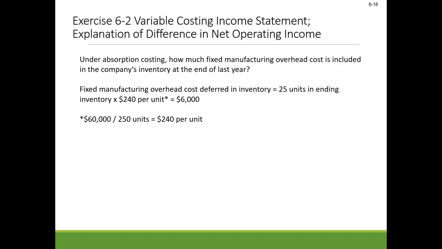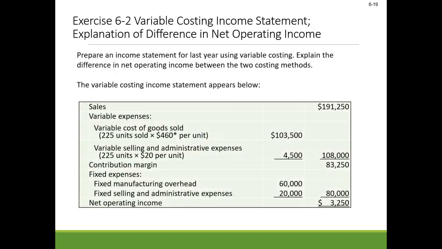So that 60,000 divided by 250 units that were produced gives $240 per unit being allocated for fixed overhead. If we have 25 units sitting on hand at the end of the period at $240 per unit, that's $6,000 sitting in ending inventory of the fixed manufacturing overhead. Does that make sense, guys? That's why the numbers are off.